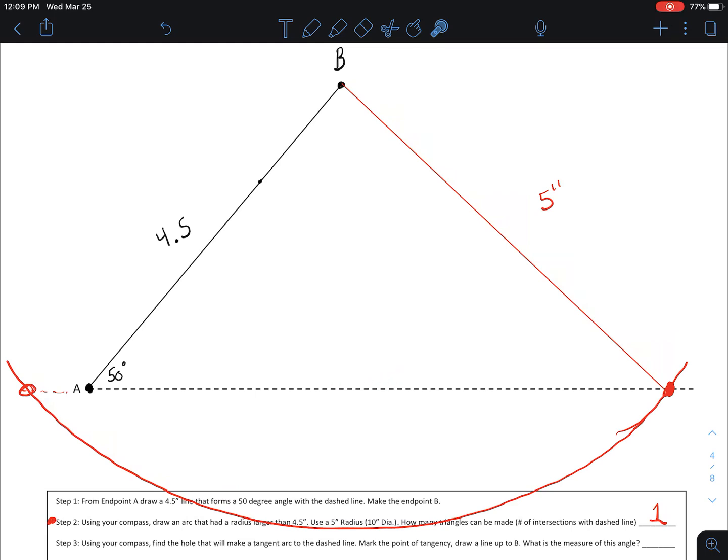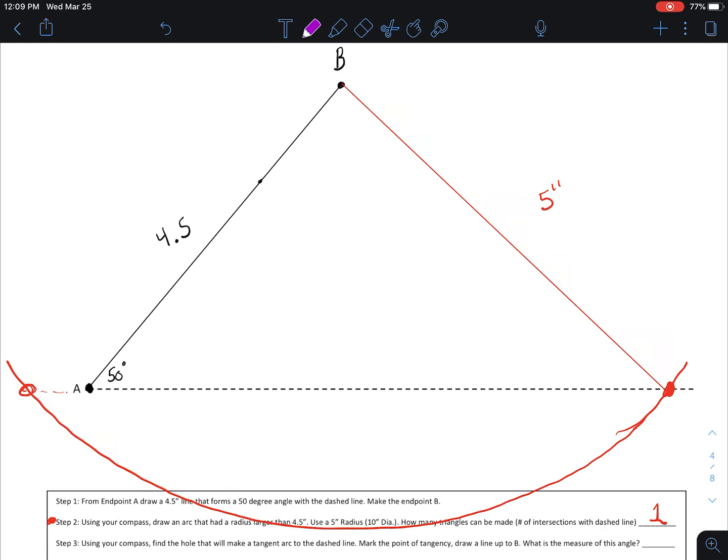So it would just barely skim it right there, up under it. All right, so let's see if I can get that to operate here. I want to find the arc.